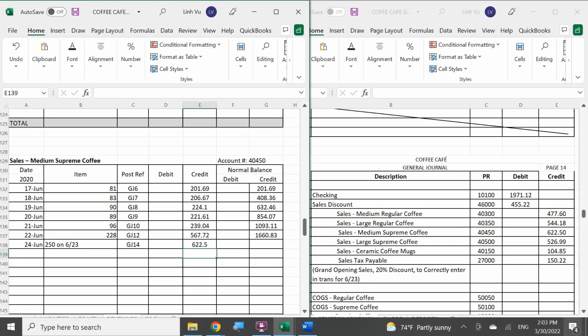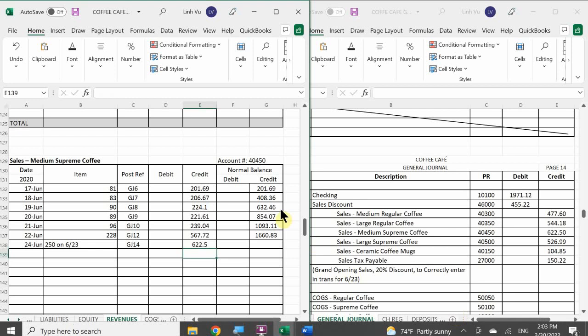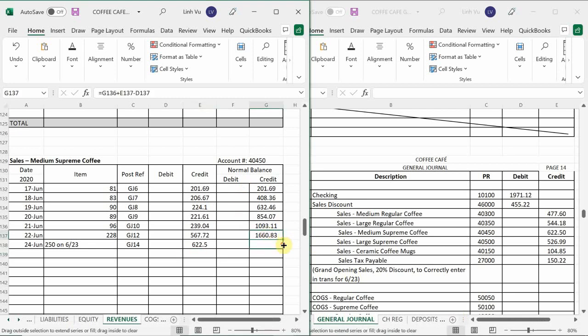So what's the ending balance in my sales for the medium supreme coffee? $1,660.84. 1,000.